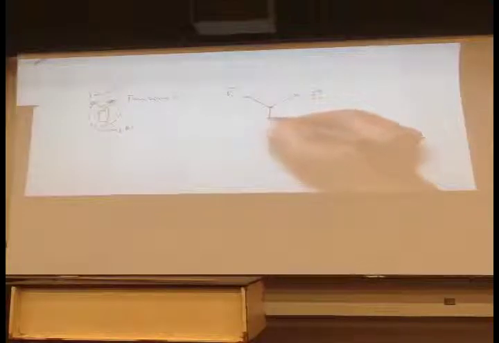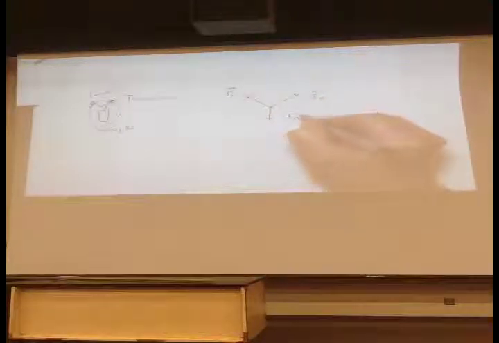So you'll agree with me that this is the proper way of doing it. So this will be T2, this will be T1, this will be FG. Okay? Any objection to this?